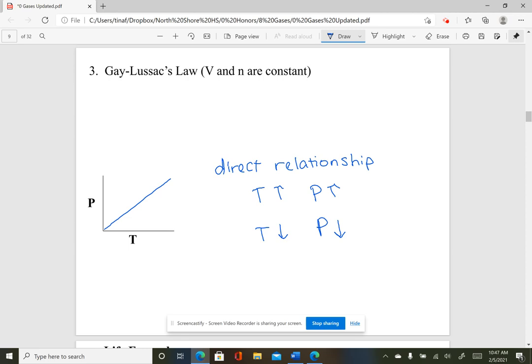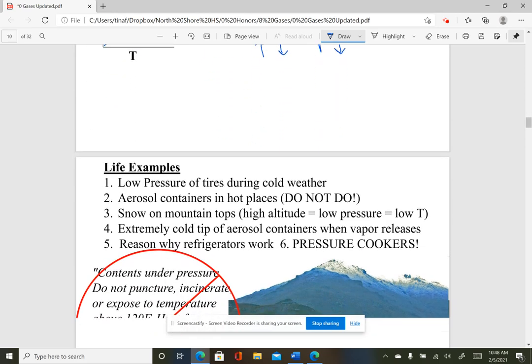If I increase the temperature, I'm making my particles move faster. If my container is staying the same size, then my particles moving faster are going to hit the container more often and harder. So my pressure is going to go up. Opposite, if I lower the temperature, particles are going to move slower, not hit with as much force, not hit as often, so pressure is going to go down, right?